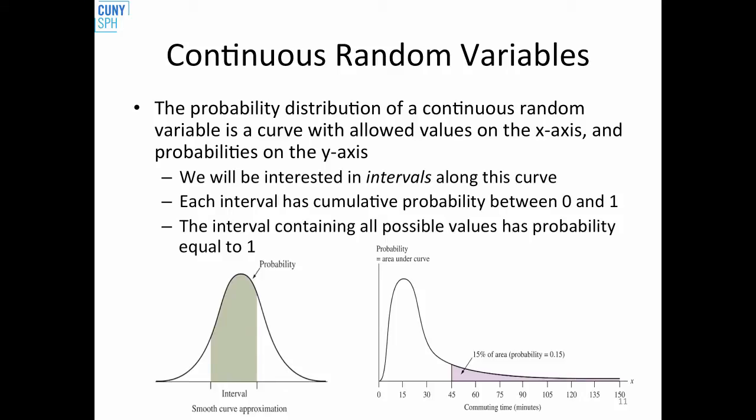So again, in general, we will be interested in intervals along these curves, in particular in the tails of the curves, and counting up the total area or probability of intervals of those curves. And once again, the interval containing all possible values, so certainly from -infinity to infinity, sometimes more restricted than that, will have probability equal to 1.